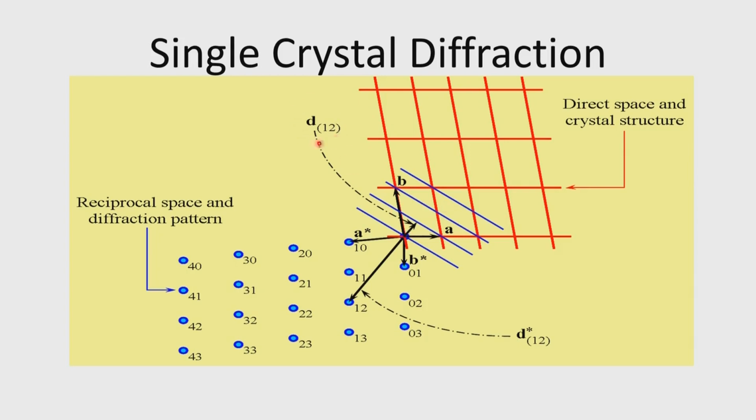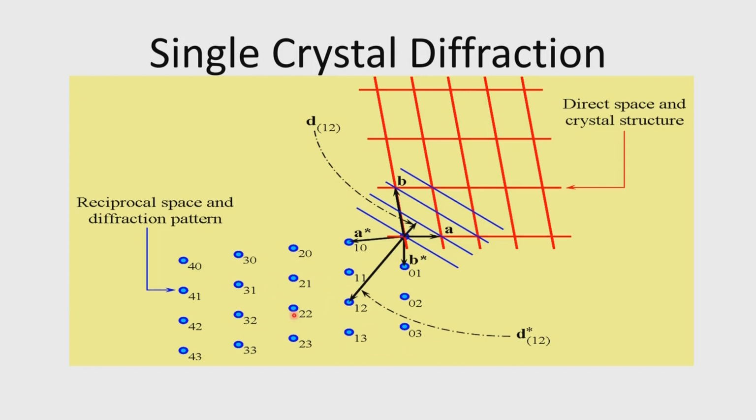So, what happens is this is D12. When we do the scattering experiment, the corresponding reciprocal point will appear at this position, and that represents D star 1 2. Notice that this vector is in the reciprocal space, and since it is in the reciprocal space, we will generate different points in the reciprocal space corresponding to each one of these parallel planes.